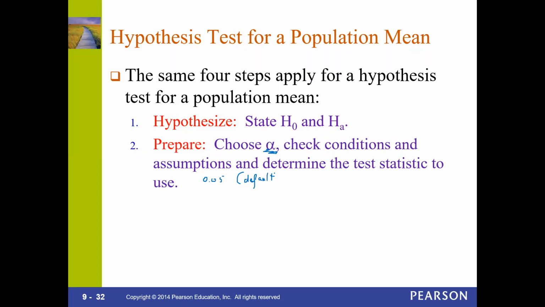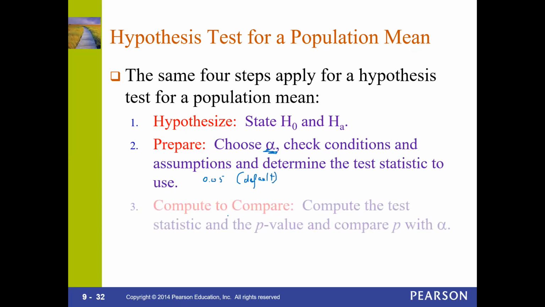And the same formula holds: you compute the p-value and then compare the p-value to alpha. If the p-value is less than alpha, you reject H0. If the p-value is bigger than alpha, you do not reject H0. Kind of the same concept.